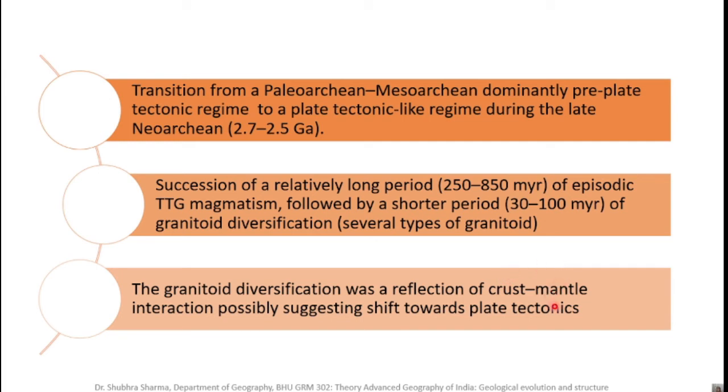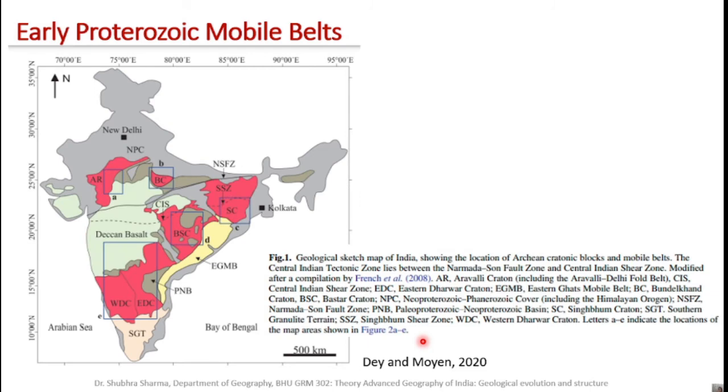Because the plates are moving. You have deformed margins, you have a lot of volcanic activity going on, right? So that again suggests that the tectonic regime of the Indian plate had become plate tectonic-like as we understand today. So all this information is coming from your Archean Cratons.